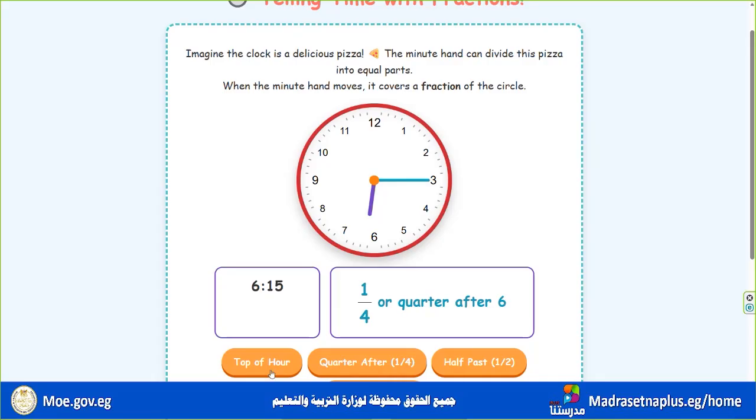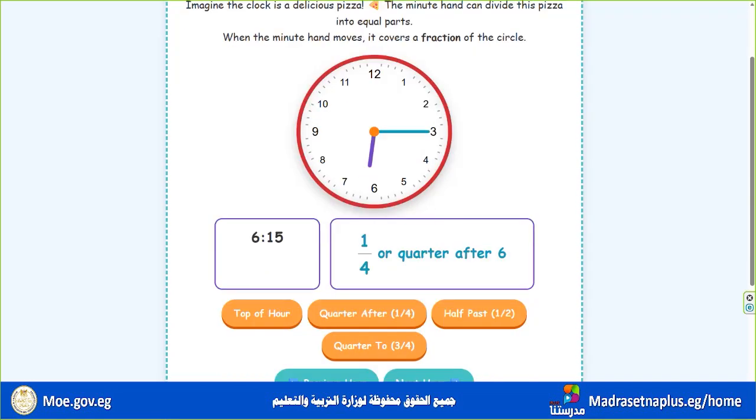Let's change the hour to get another one. Next hour. Now the time is 7:15, or quarter after 7, or fourth past 7. You can say any way of them. They are the same.